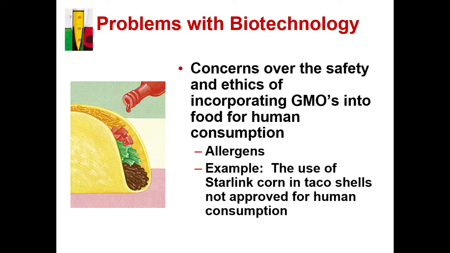So it causes some problems in the body, because the body may reject it and cause allergies, like the use of StarLink corn in taco shells, which was not approved for human consumption. Why? Because it could cause allergies and respiratory reactions from the body. So this is also a problem because our body is not used to it.